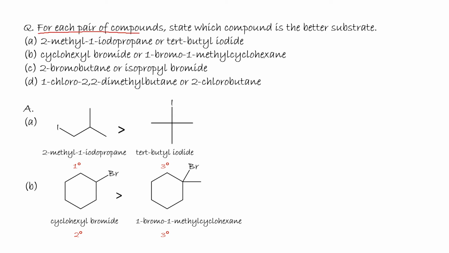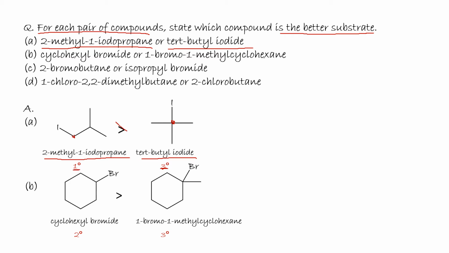For each pair of compounds, state which compound is the better substrate in SN2 reaction. 2-methyl-1-iodopropane or tertiary butyl iodide. We have this carbon here is tertiary, and in this case here, this is primary.